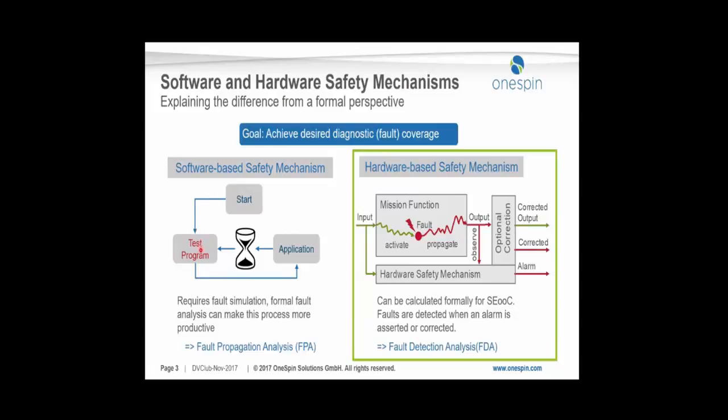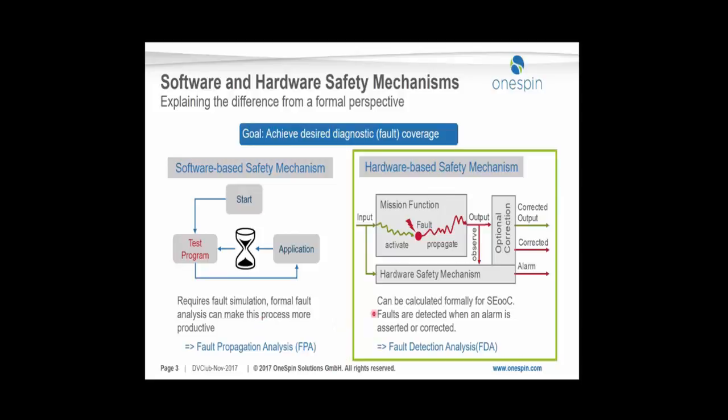So basically, we have a test program periodically running, and this test program should make sure that our chip still functions correctly. This typically requires fault simulation, but we can also apply some formal methods to understand how to propagate faults, or if they can propagate at all in the context of this software self-test.